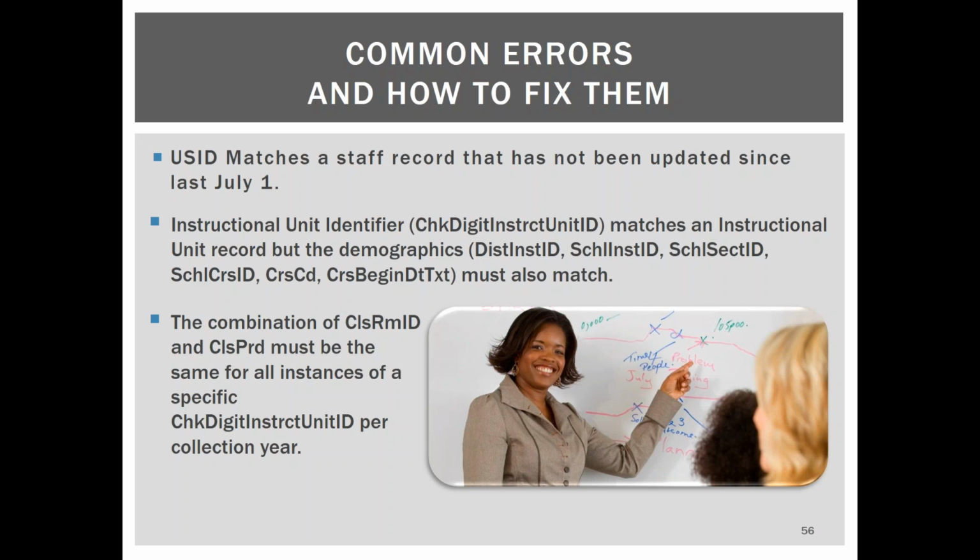Once you know what isn't right, either your class roster or your IUID: if your IUID information is incorrect, then you'll need to create a whole new IUID record with the correct info, and then it'll assign you a new IUID number and put that in all of your class roster records for that IUID. If the class roster record is incorrect, then you can just change the information there to what it is in the IUID collection.